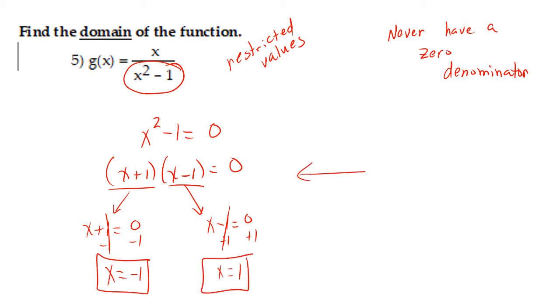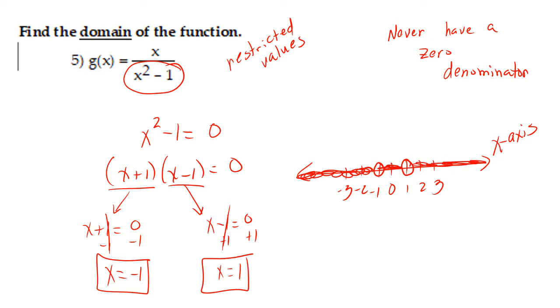Think about the x-axis, because remember, the domain is the x-axis. The x-axis is horizontal, and in the middle you have 0, and you have your positive values, and you have your negative values over on the left. Well, we want to restrict and not use the 1 and the -1. That means every other number on the x-axis may be used for this domain.